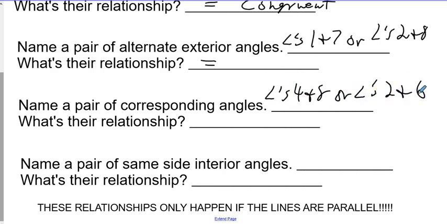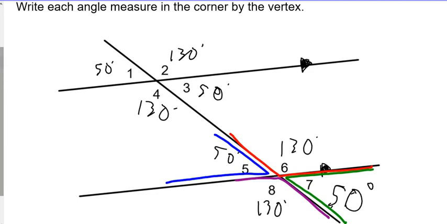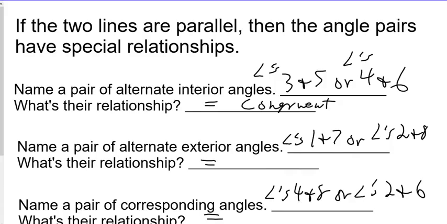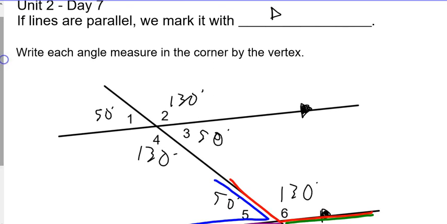There's quite a few more of them. What's the relationship? Also equal. Now, same side interior. Well, remember, interior, again, 3, 4, 5, 6. Same side is the one obtuse and the one acute. And the neat thing about this is, that would be 4 and 5, or 3 and 6.